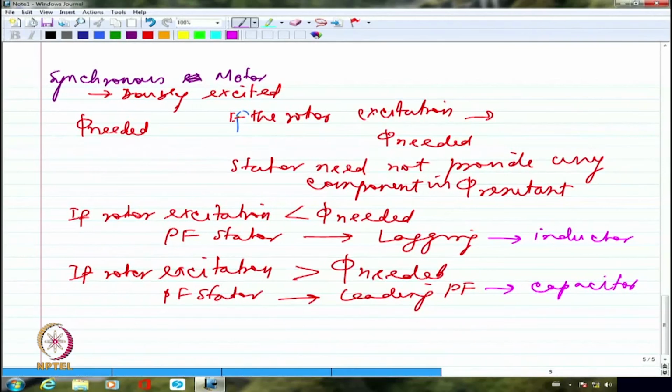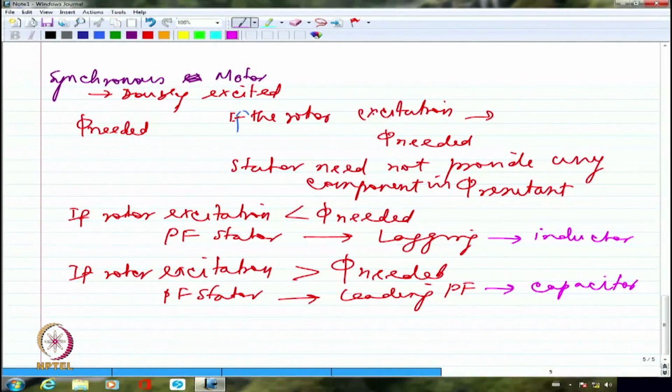So when I employ a synchronous motor in a factory which is infested with induction motors, I would be able to nullify any reactive current being drawn by the induction motors, provided I put in a synchronous motor which has excess excitation. When I use a synchronous motor for providing reactive power, we may call it a synchronous condenser. Synchronous condenser. Condenser is a word for capacitor.